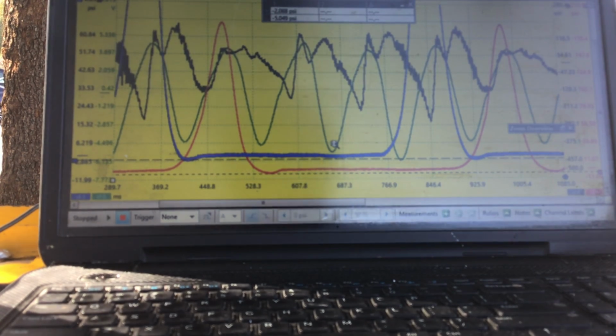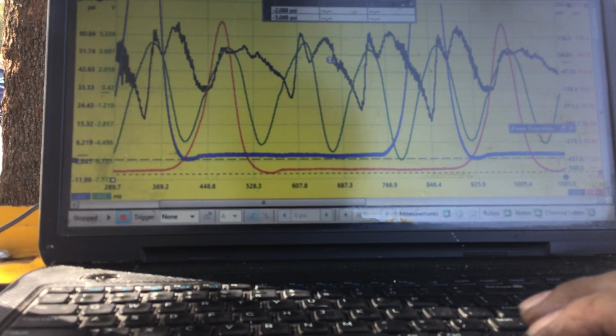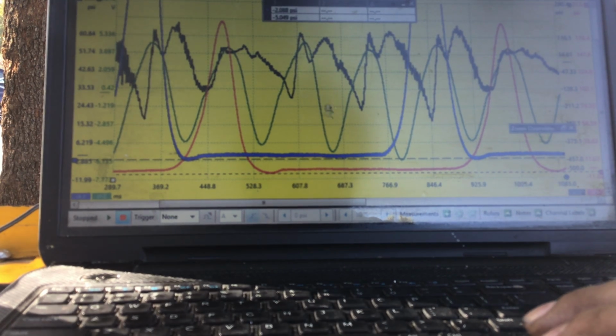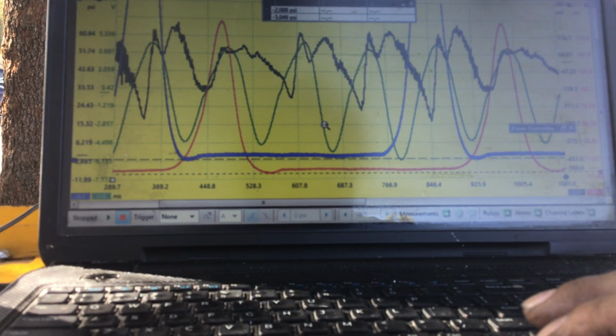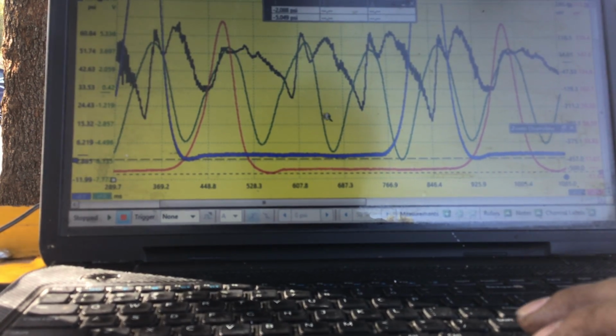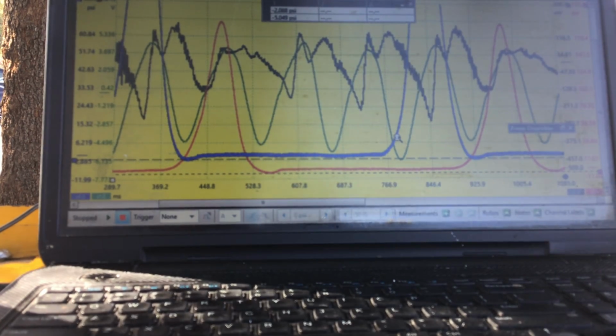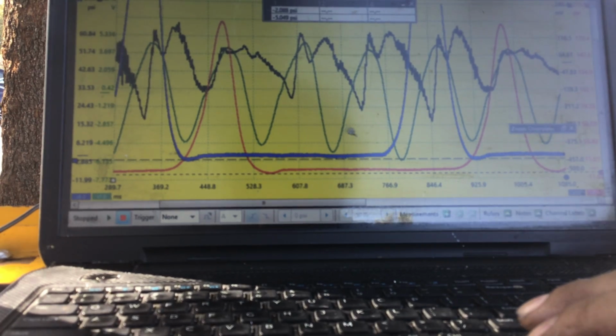Just from the research I've done, and I don't want to BS you, the textbook would say that would be shorter right here, because as the intake valve opens, the exhaust still being open would affect this pull and weaken it, but it doesn't look like it's doing that. So anyway, I just thought I'd point that out.